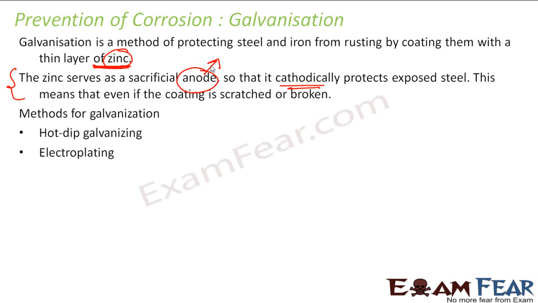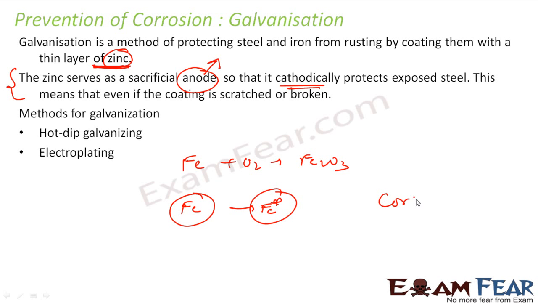See, I'll tell you how this sacrificial thing works. So if you see Fe, when it reacts with oxygen, becomes Fe2O3. So gradually what is happening is Fe is becoming positive, right? So iron is losing electrons for corrosion. Correct? And when it is losing electrons, it is mixing with oxygen. So zinc is acting as anode.